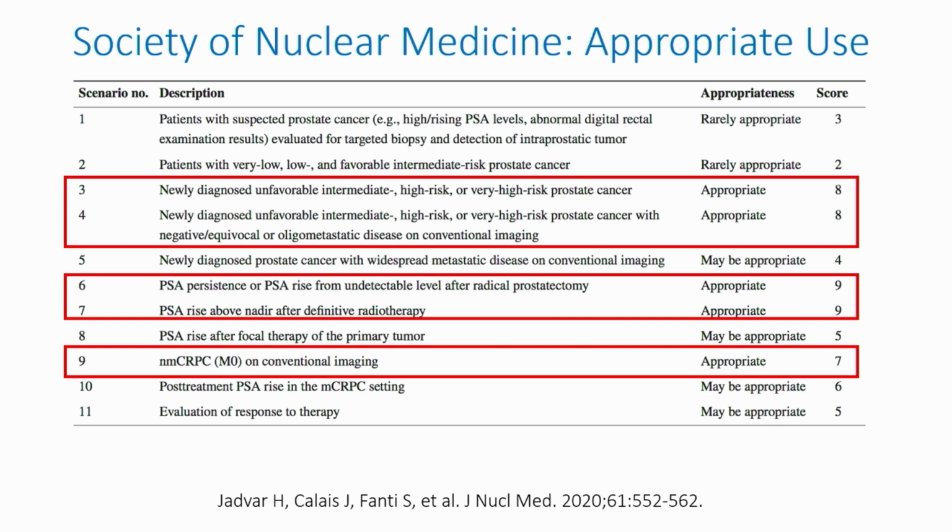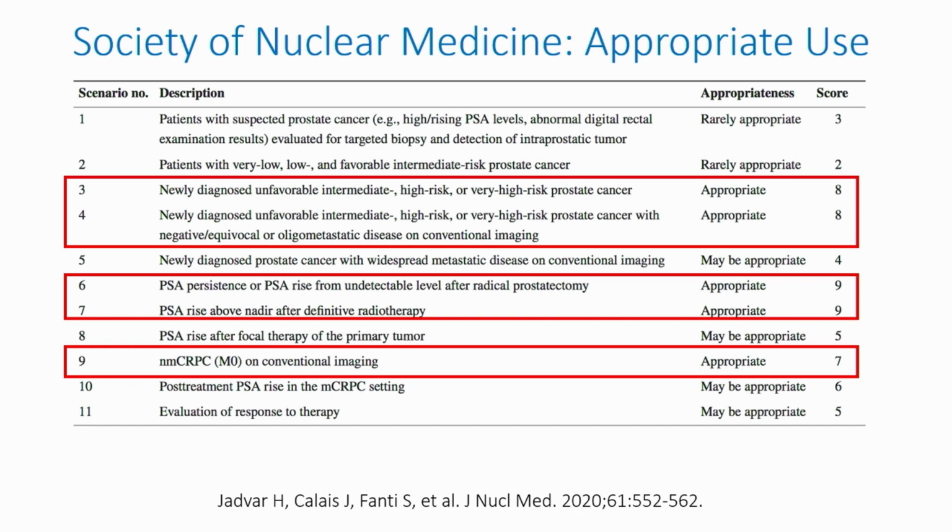And then the last one, there are a lot of them, the Society of Nuclear Medicine Appropriate Use Guidelines. These are a little bit older, from 2020, but basically they say it's appropriate for newly diagnosed unfavorable intermediate, high risk, or very high risk prostate cancer. And you can either do it with or without conventional imaging.